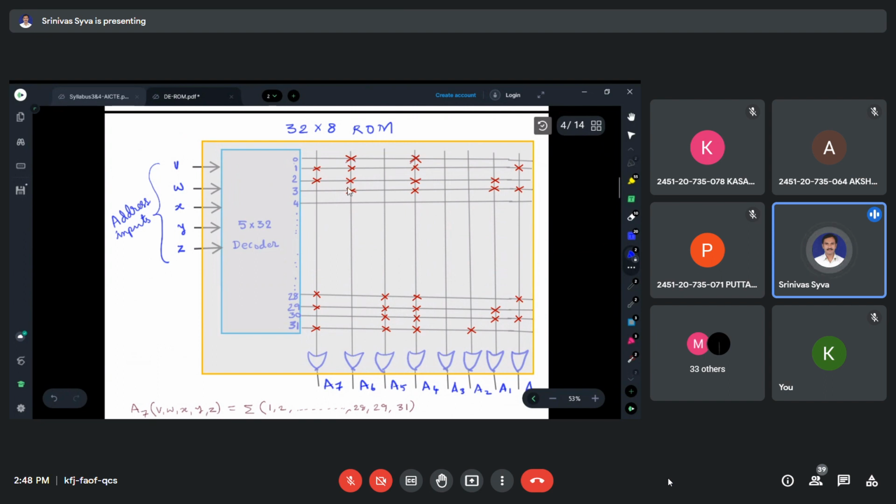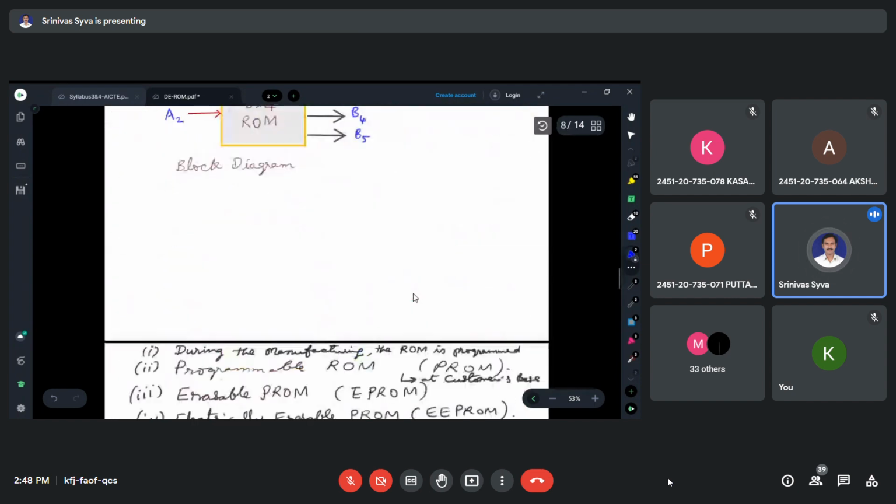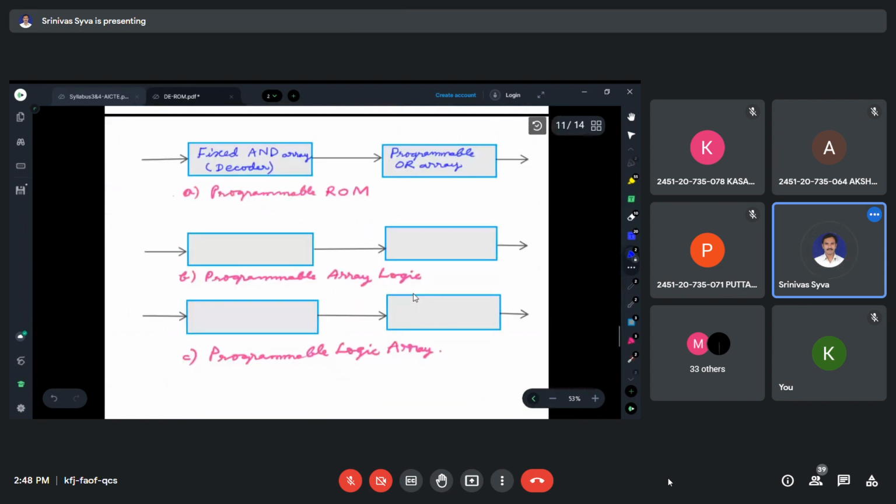So these OR gates are known as programmable. That's why in the general configuration it is shown like that.